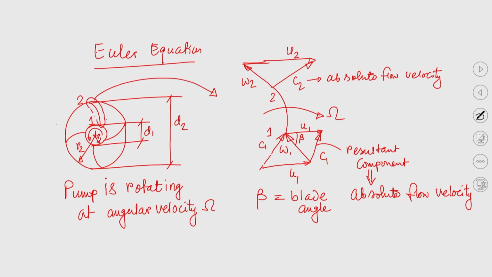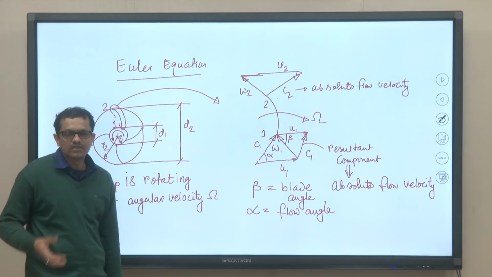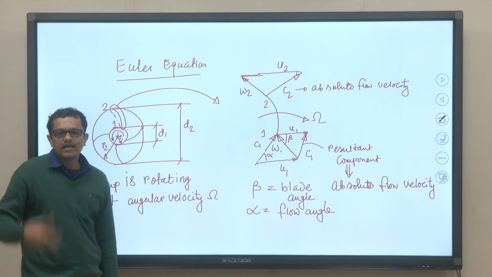Right, and the absolute velocity C1, which is the resultant of these two velocity components that we have discussed, makes an angle alpha with the tangential component, and that angle is known as the flow angle. So, alpha is known as the flow angle. We will be discussing this when we discuss the different types of pump blades, what the blade angle is, and the importance of this angle on the total head developed by the pump.